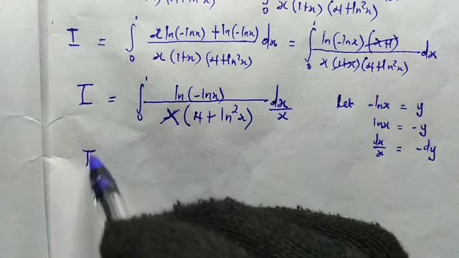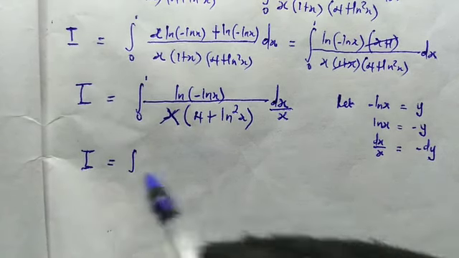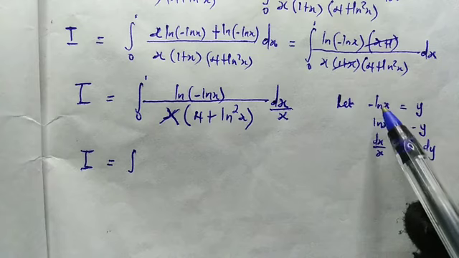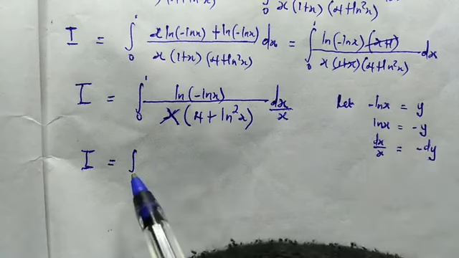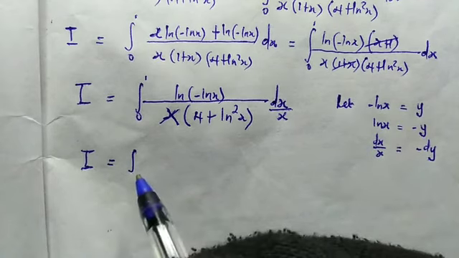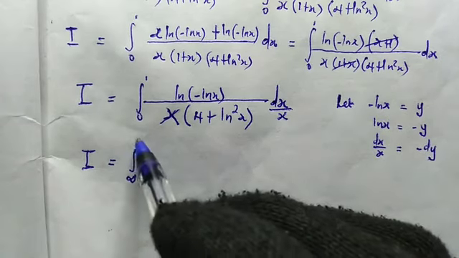So the target integral I is going to be the integral. When x is approaching 0, the lower limit here will be approaching negative natural log of 0, which is approaching infinity. And when x is approaching 1, we have 0.